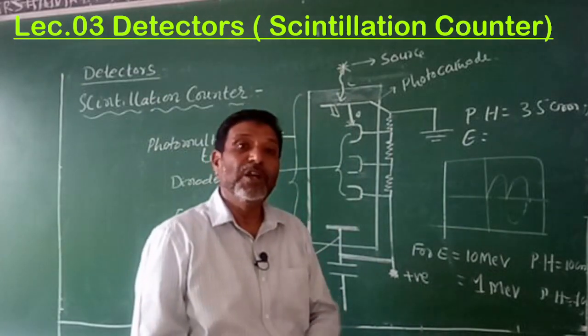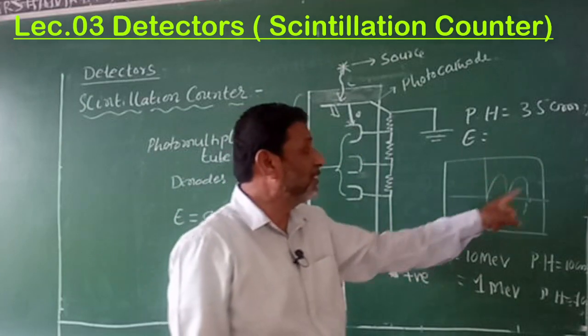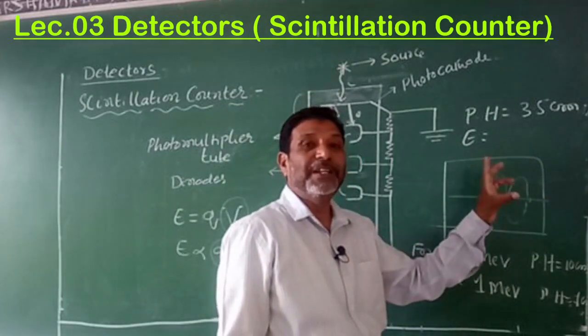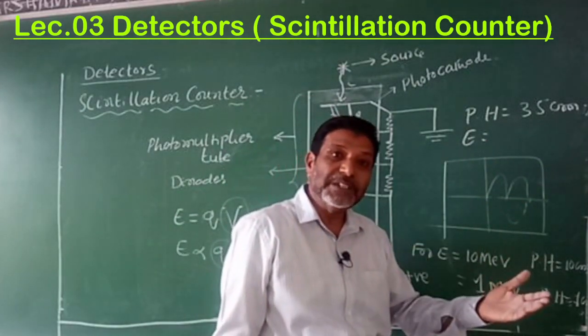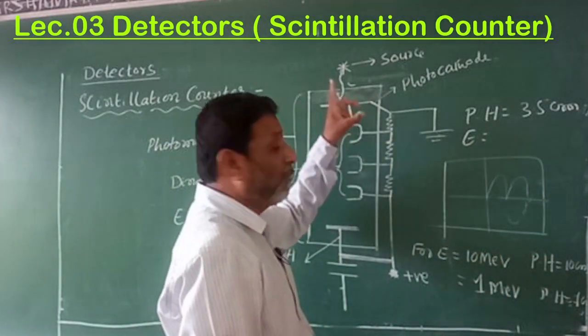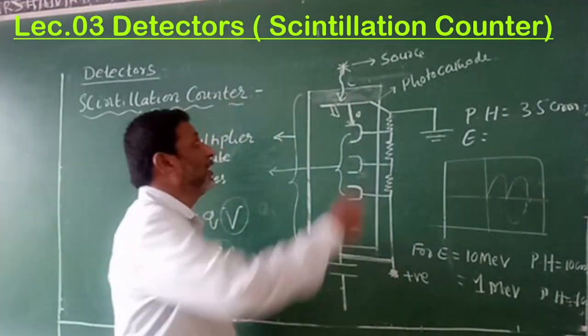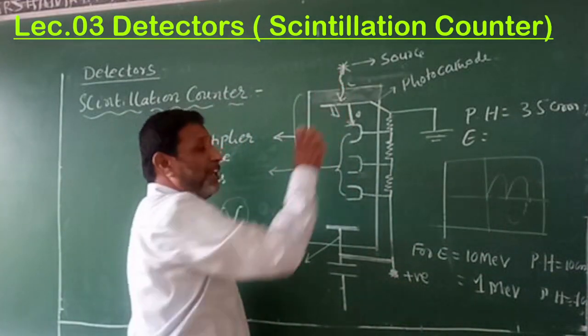Then you measure the number of pulses in a given interval of time. Those many pulses correspond to the number of particles entered in a given time. In this way, we can determine how many particles the source is emitting in a given time.